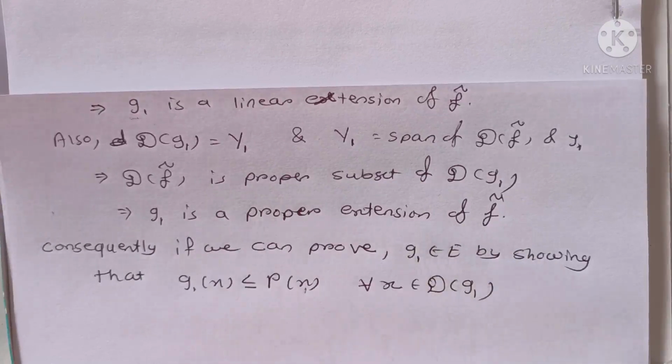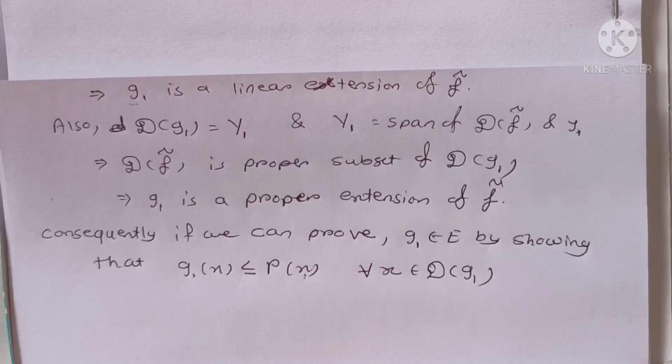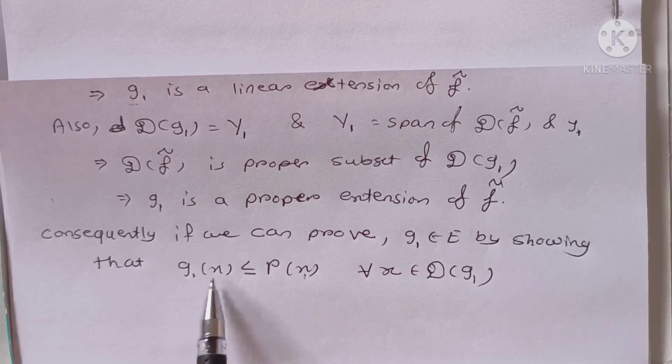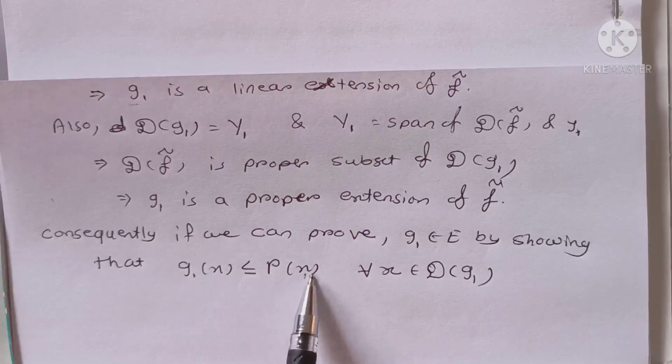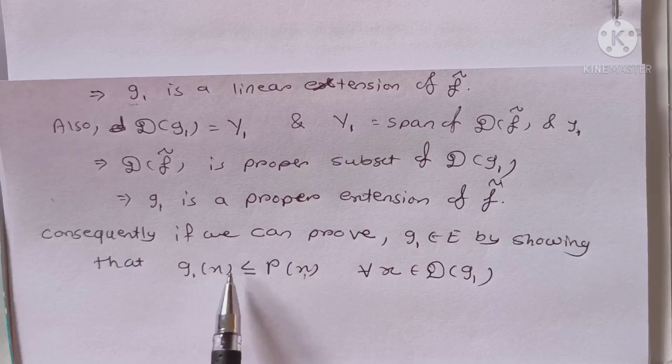These two give a contradiction, and therefore our assumption that the domain of f tilde is strictly contained in capital X becomes wrong, and we get the result. So in the next step, the third step, we show that g1 of x is less than or equal to p of x. We prove it, and then we get the contradiction.